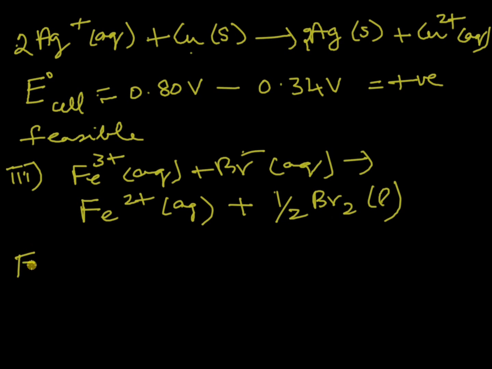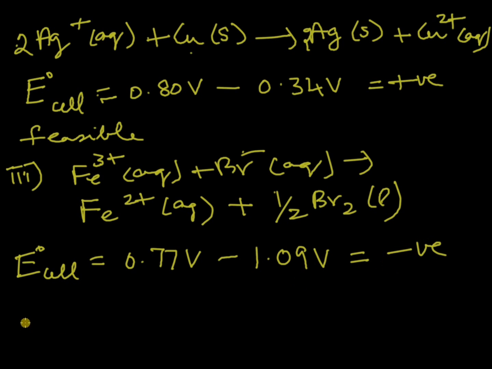So E naught cell is equal to, the reduction part is Fe3+ becoming Fe2+, so that is 0.77 volt, and the anode has a potential of 1.09 volt, and E naught cell is negative. Reaction is not feasible.